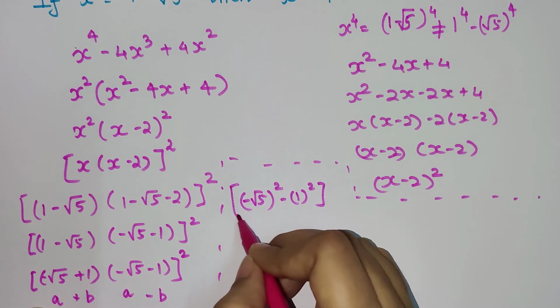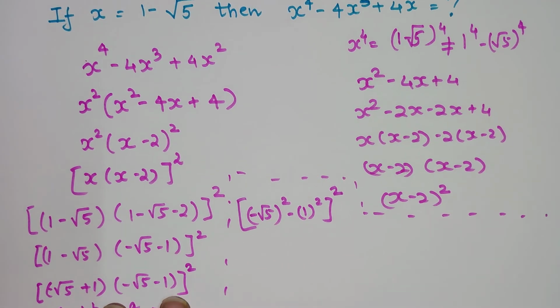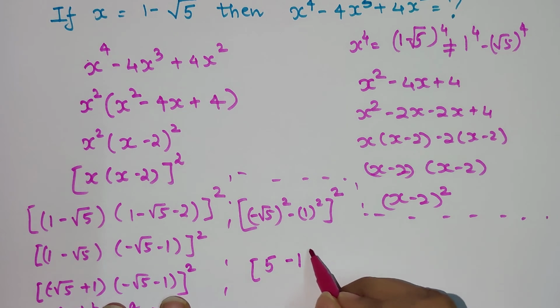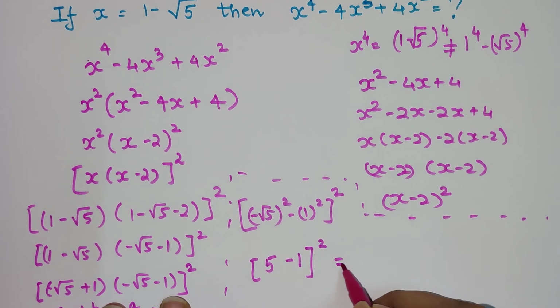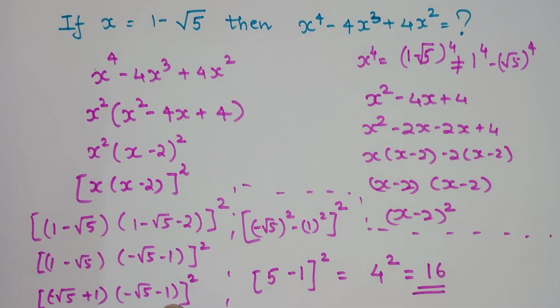And don't forget, everything is still coming under a square. Okay, so minus root 5 the whole square will get you just 5, and minus 1 square is nothing but 1, the whole is under a square. So we have 4 square, and the answer for this particular question is now coming out to be 16.